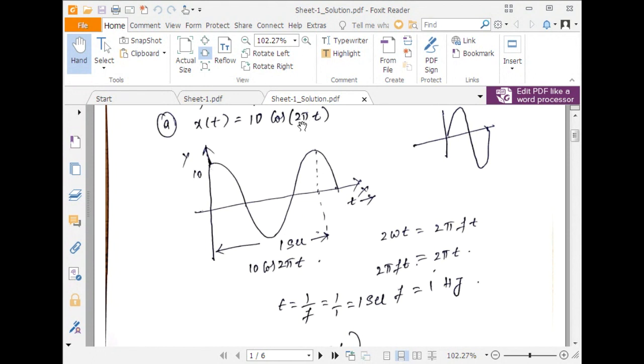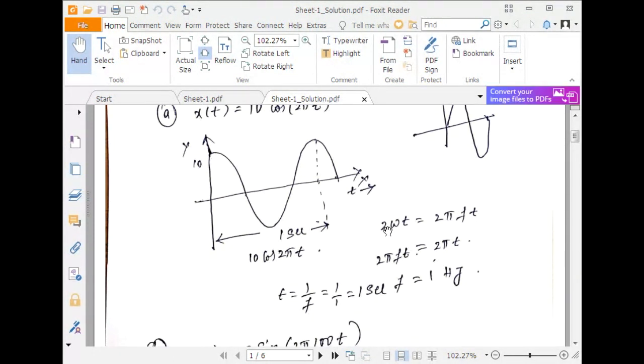Just omega t, there is no 2 here. So it is given as 2 pi t.